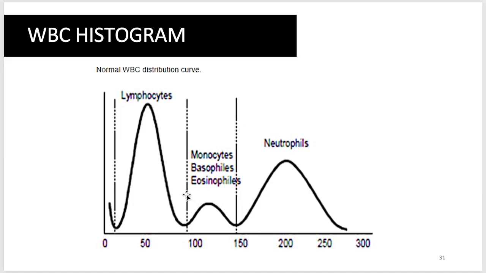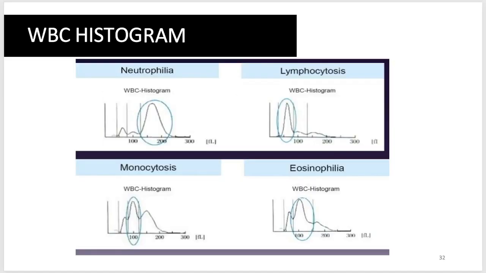That's your monocyte, basophil, and eosinophil. And then lastly, for your neutrophils, 160 to 450 femtoliters. That's your neutrophils. This is actually the normal WBC distribution curve. However, we also have an abnormal WBC histogram.